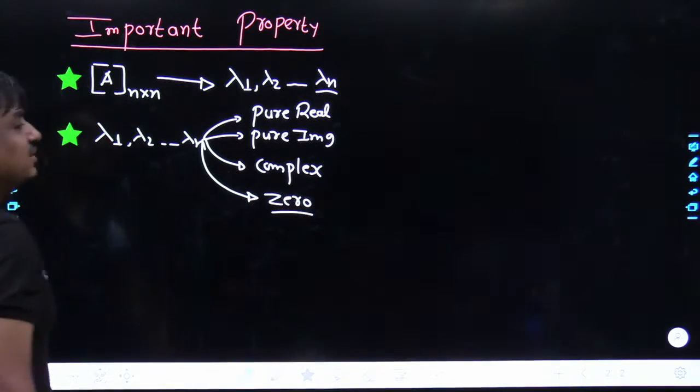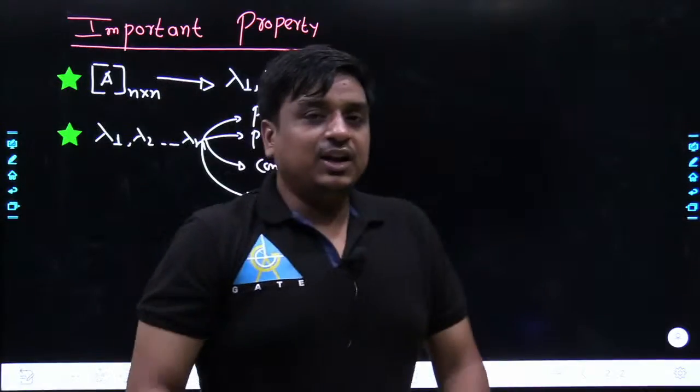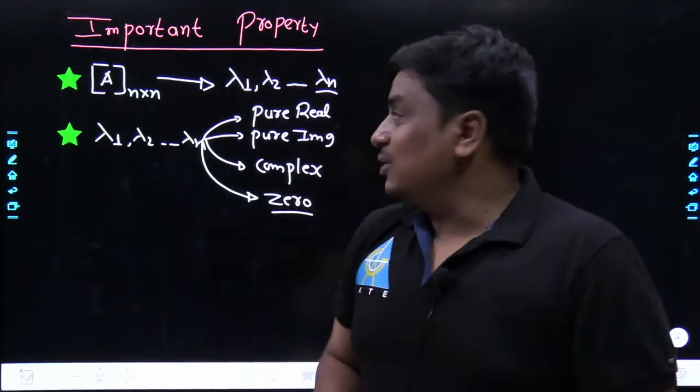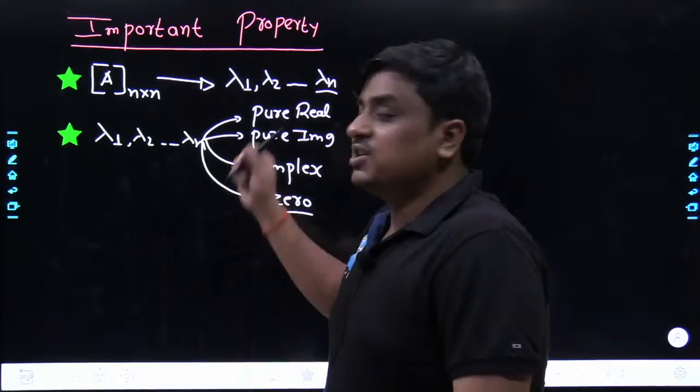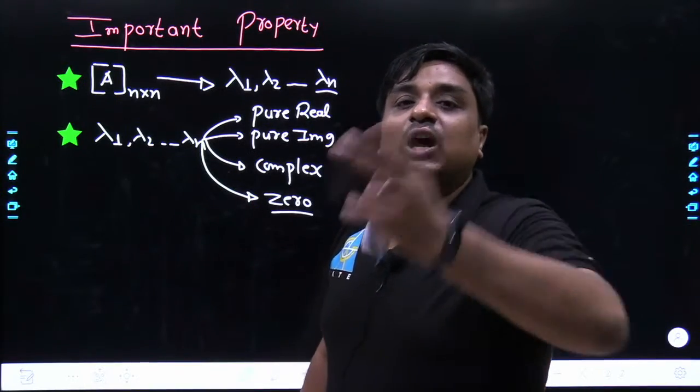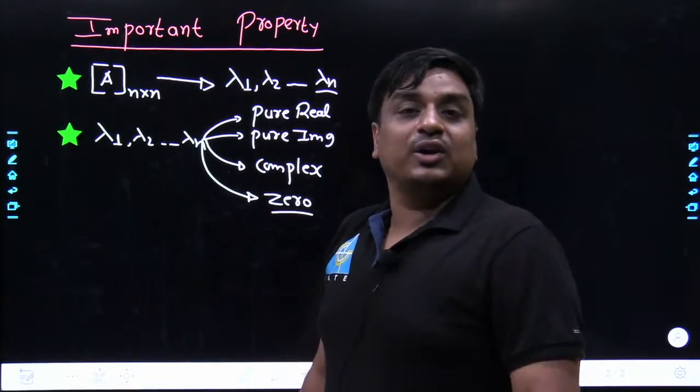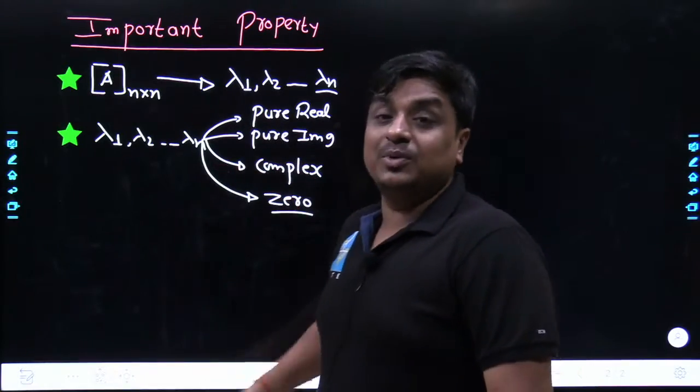So you need not be afraid about this. You have a problem, and during calculation you could land up in a situation where the value of lambda comes out as 2 plus or minus iota. You need not get confused by it. Yes, it could be a possible value.